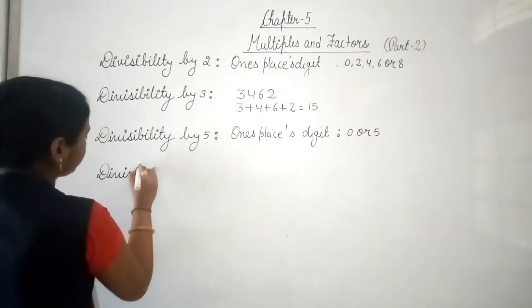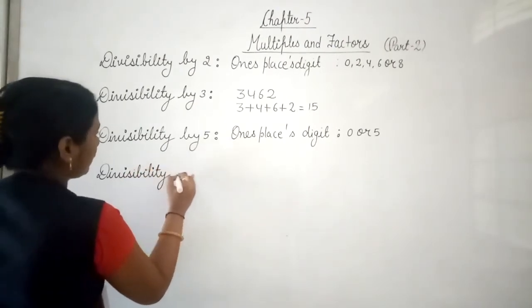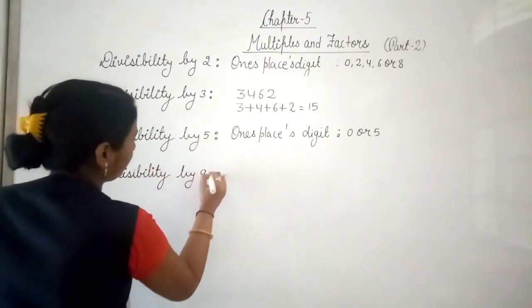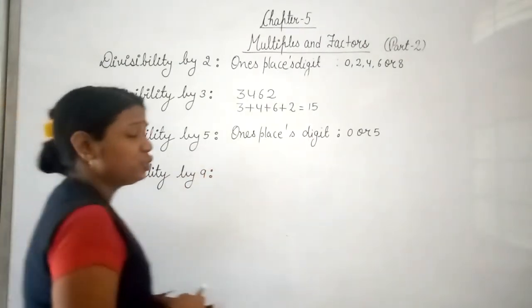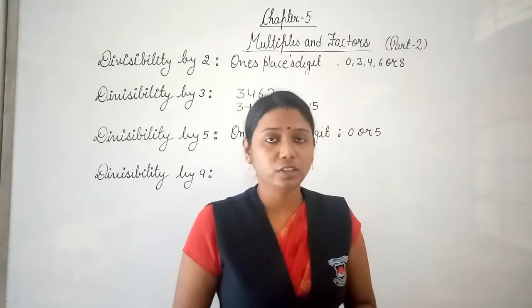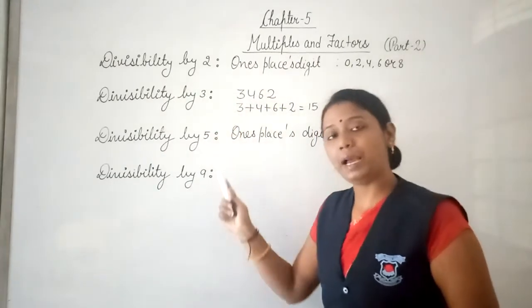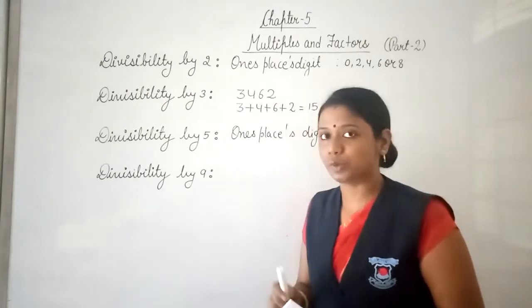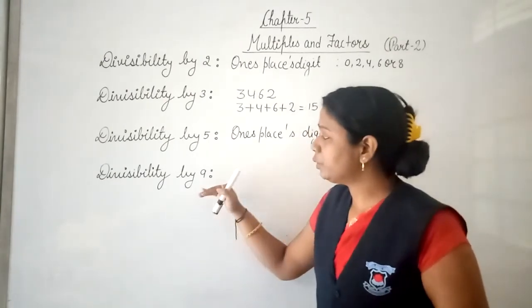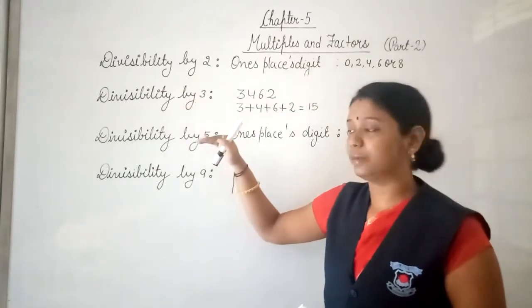Divisibility by 9. To check whether the given number is divisible by 9 or not, the rule which we applied for 3 will be applicable over here also. It means the divisibility rule of 9 and the divisibility rule of 3 are the same.